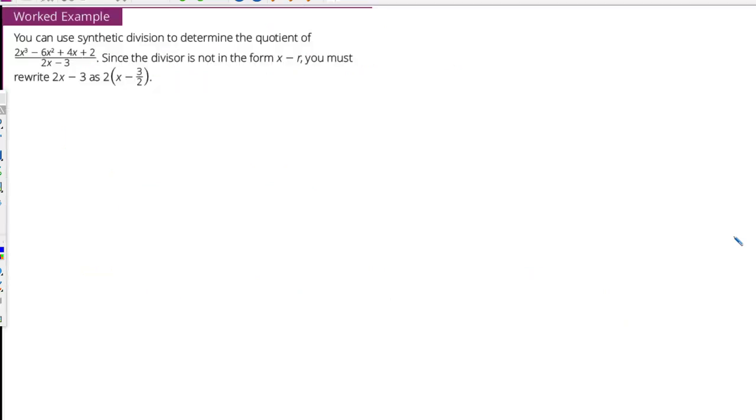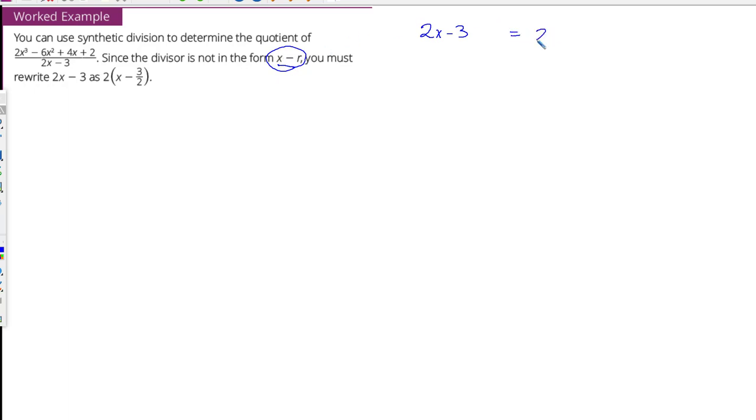So far we've only dealt with it when it's in this format already. But since they're not always in that form, you can still use synthetic division if you like it better than the box. But we need to factor it out, because we have to have it to where the x is 1.